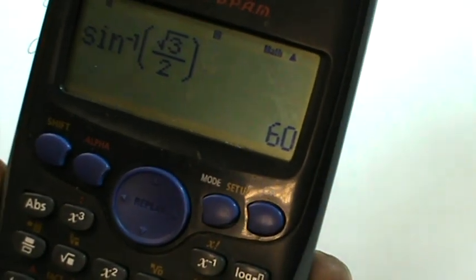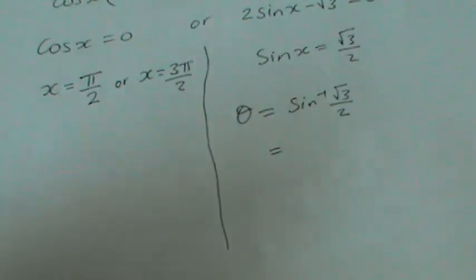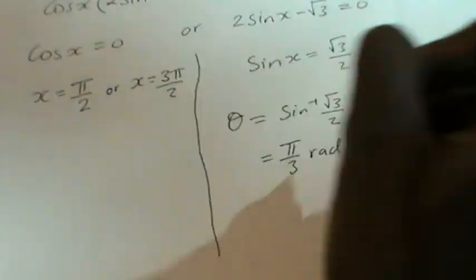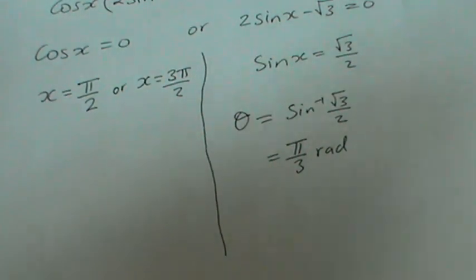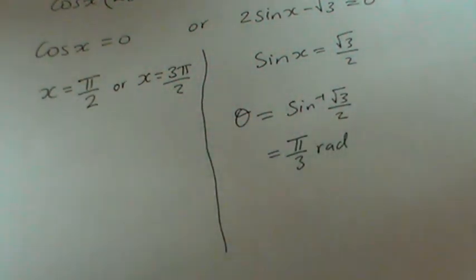Okay, and you can see my angle is 60 degrees, but I want an angle in radians, so I need to remember that 60 degrees is equal to pi over 3. So my reference angle is pi over 3 radians. Now I need to work out the quadrant. So you see it's interchangeable. You can work out the reference angle, then the quadrants, and then put those two together to get the solution, or determine the quadrant first, then the reference angle. Either way, you will still get the same thing.